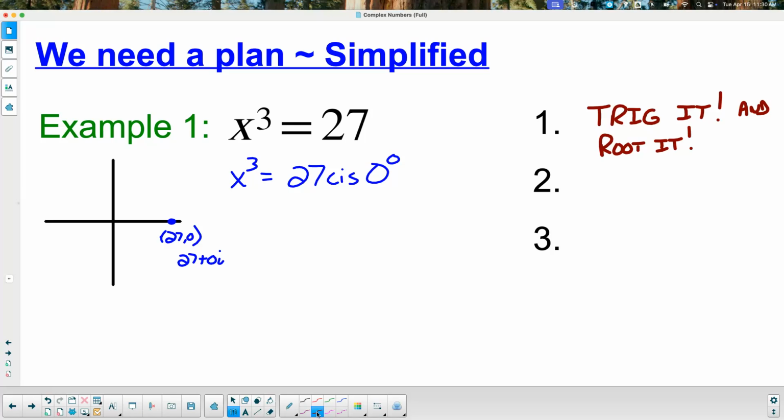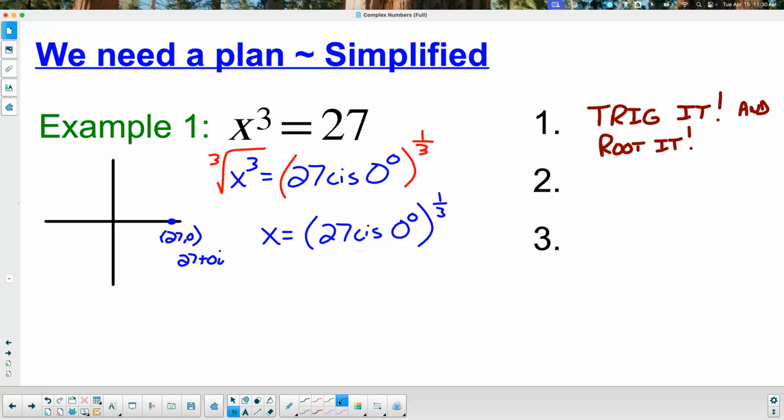Which means I'm going to take this to the third root, which means I'm going to take this to the 1/3 power. Those mean the exact same thing. So then I get x equals 27 CIS of 0 degrees to the 1/3 power.